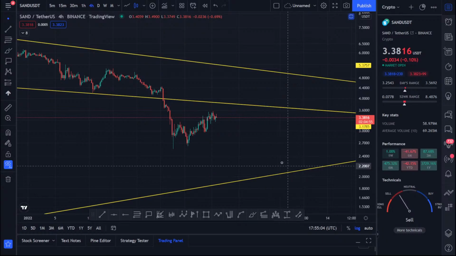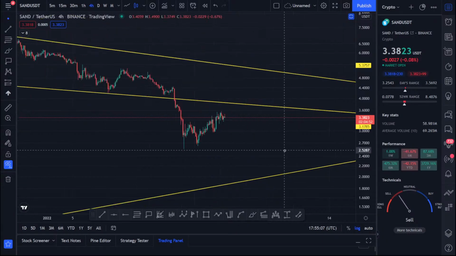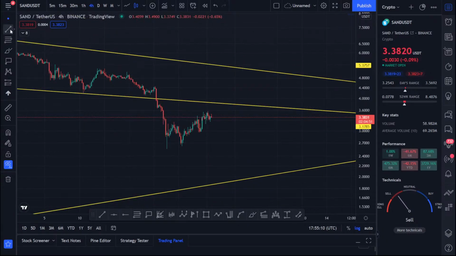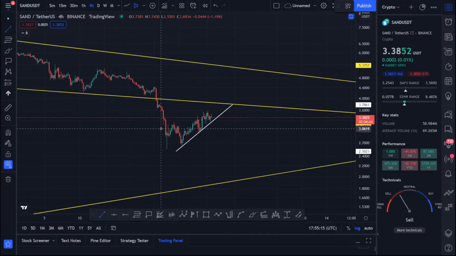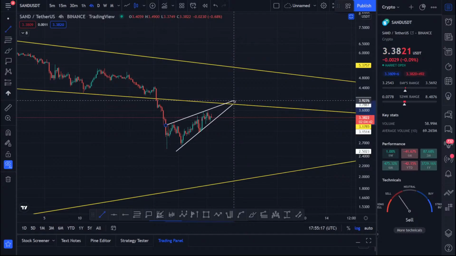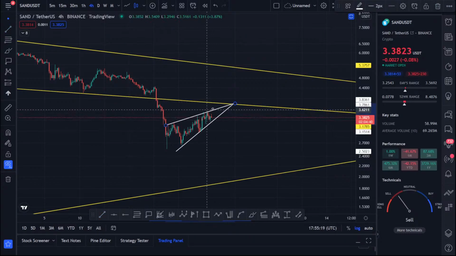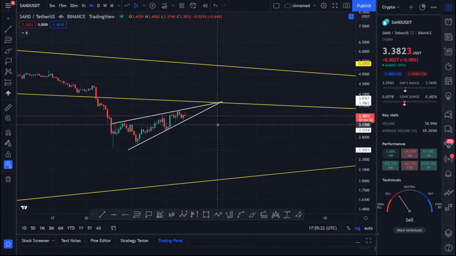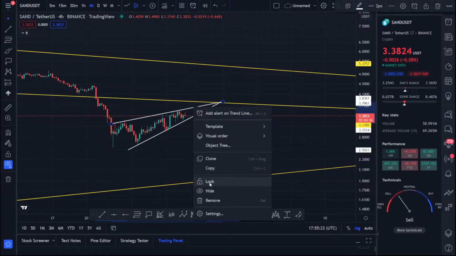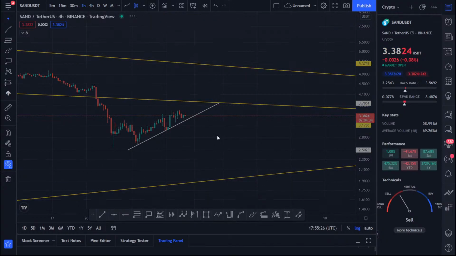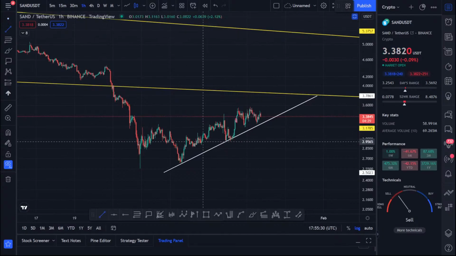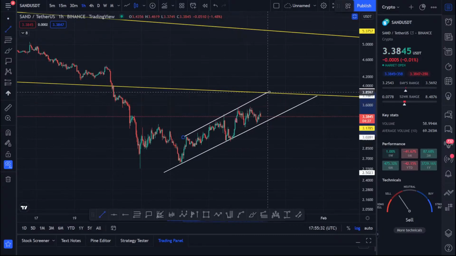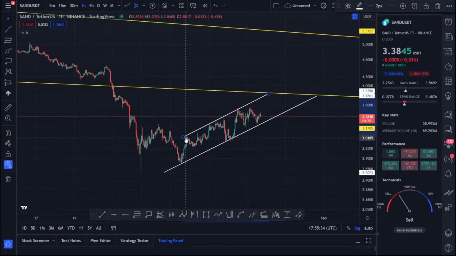Okay, but this is a bearish pattern overall. Okay, let me show you. It's making lower highs, but look at this, it's getting rejected at this resistance line. Even if you take this off, you can build a case in the hourly that it is having resistance right from there.